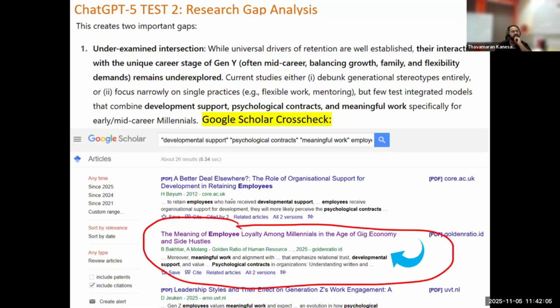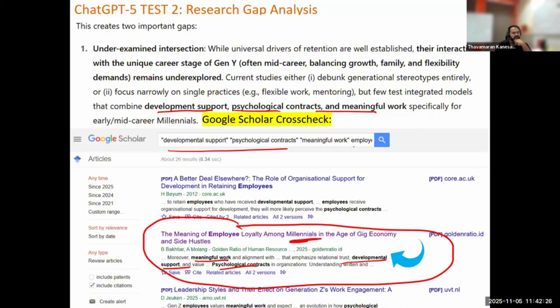Just published this year only. The fellow picked up this one, the fellow hallucinated, and gave it out as a new research gap. That's what happens. To explain, these variables are already done. For millennials, done.